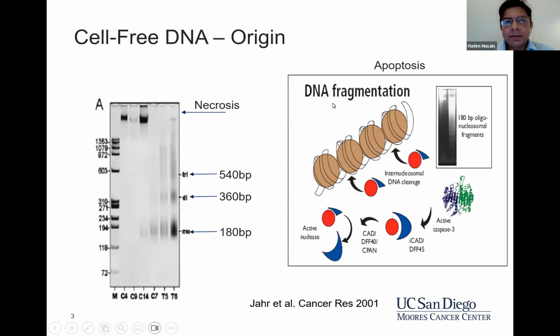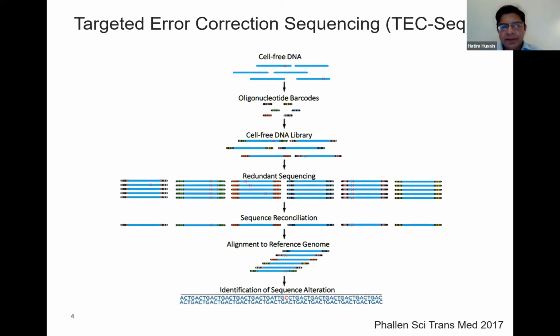So along those lines, now coming into this, one of the technologies that is depicted here is called targeted error correction sequencing. Basically these fragments in plasma, some technologies have utilized barcoding on the fragments and then redundant sequencing to isolate out jackpot mutations, which are reflected upon that redundant sequencing process as the genomic fragments are expanded.